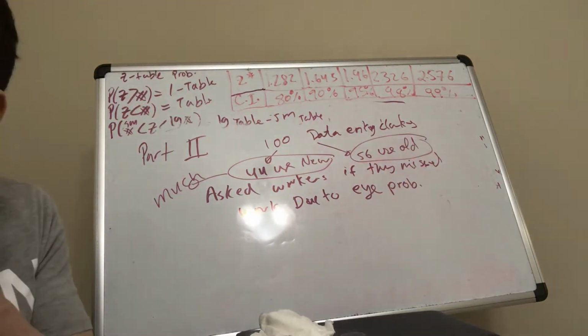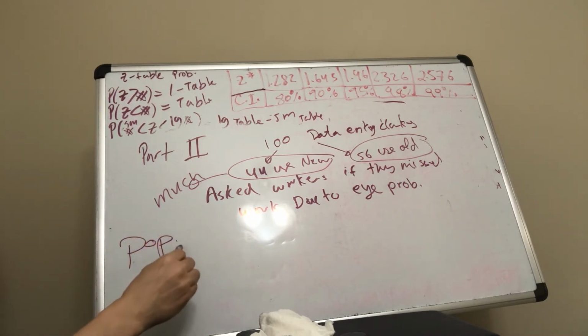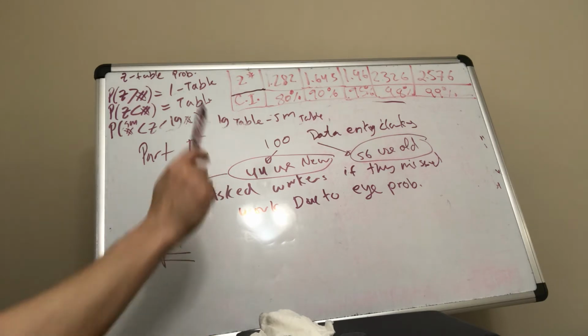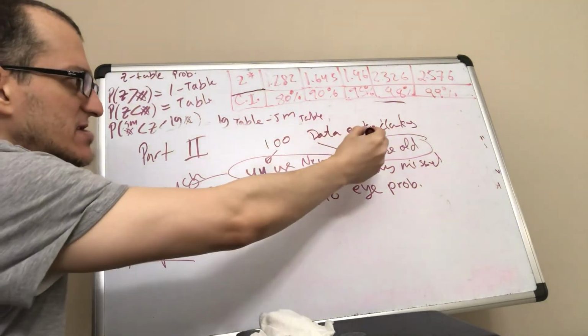This is the story. And the first question, identify everything. Population. When they ask to identify the population, look at your story and where they say the sample.